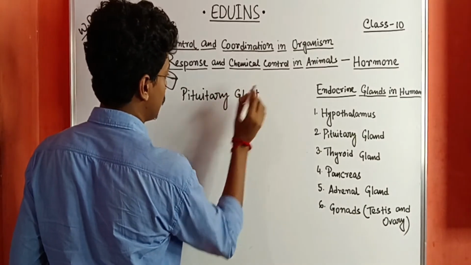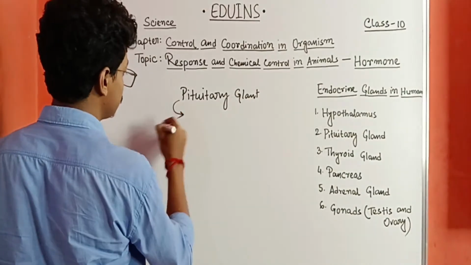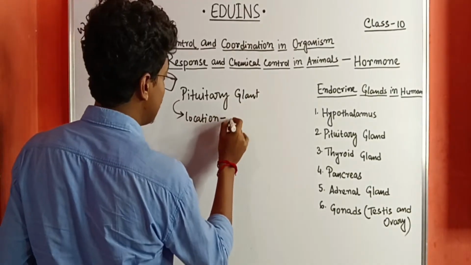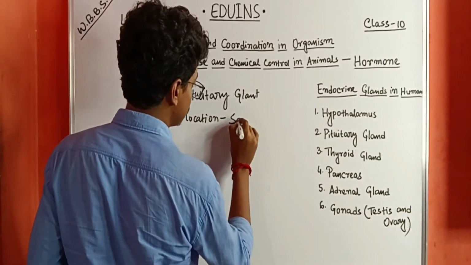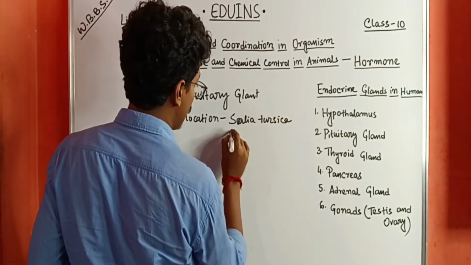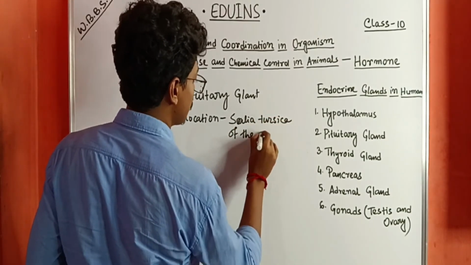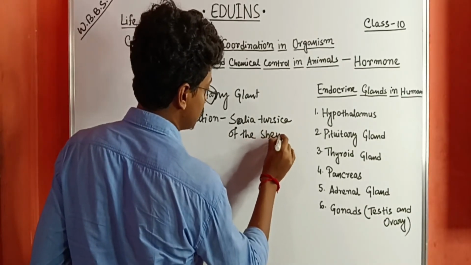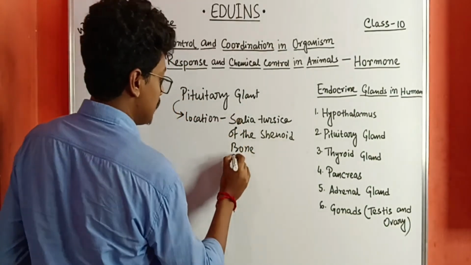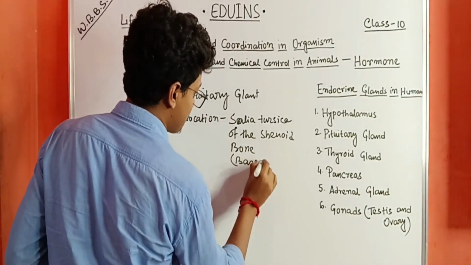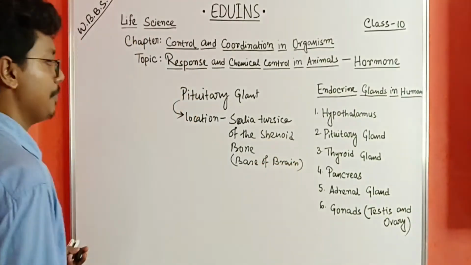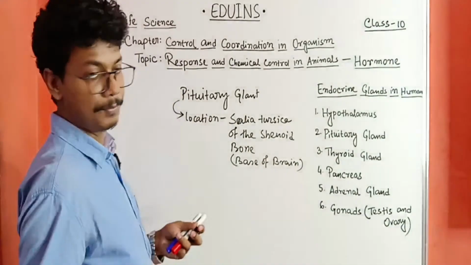What is the location of the pituitary gland? The location is the sella turcica of the sphenoid bone. It is located at the base of the brain. This is the location of the pituitary gland.